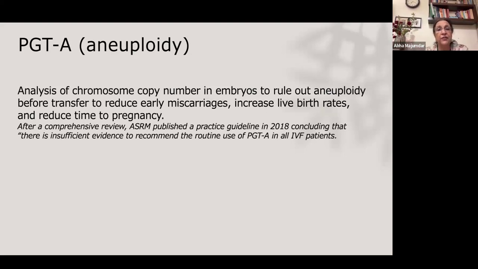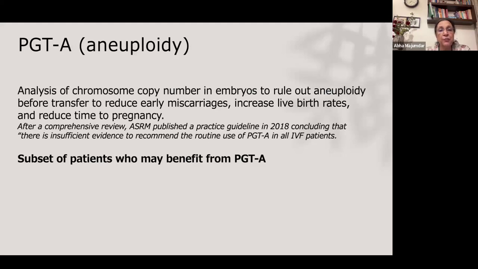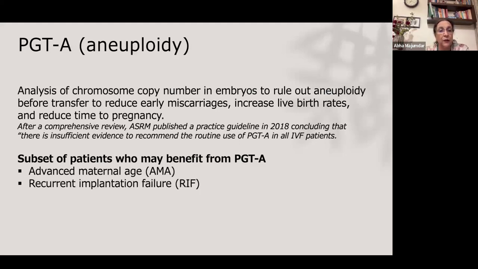After a comprehensive review, ASRM published a practice guideline in 2018 concluding that there is insufficient evidence to recommend the routine use of PGT-A in all IVF patients. They said don't do it for all IVF patients. For whom is it important? A subset of patients who may benefit from PGT-A. One is advanced maternal age. And when we say advanced maternal age, it is women over 37.